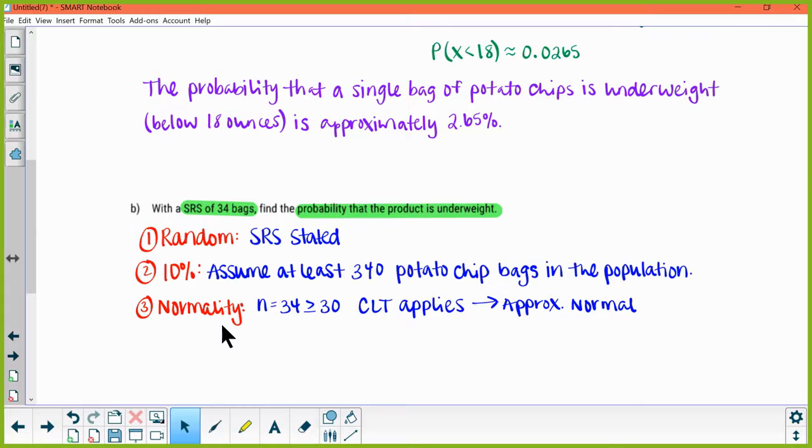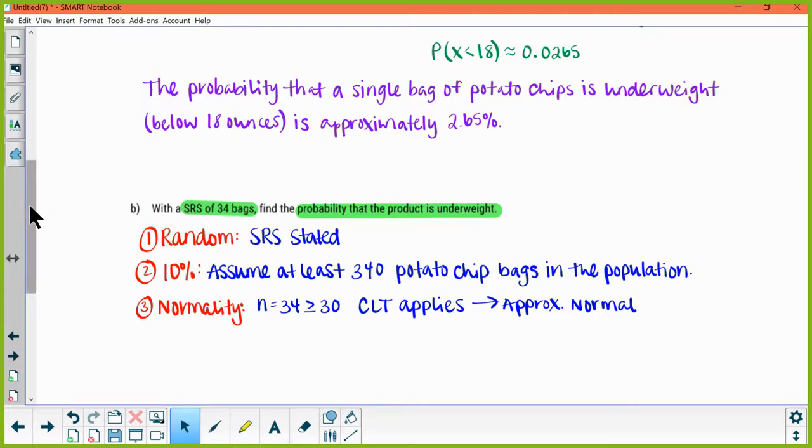So we can say CLT applies, therefore it is approximately normal. For our first problem, it was stated that it was normal. Second problem, central limit theorem worked. And when all of our conditions are met, we are able to actually calculate our probability.